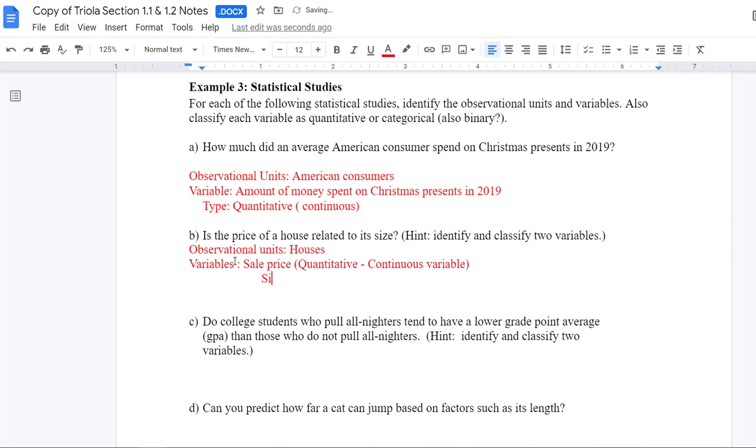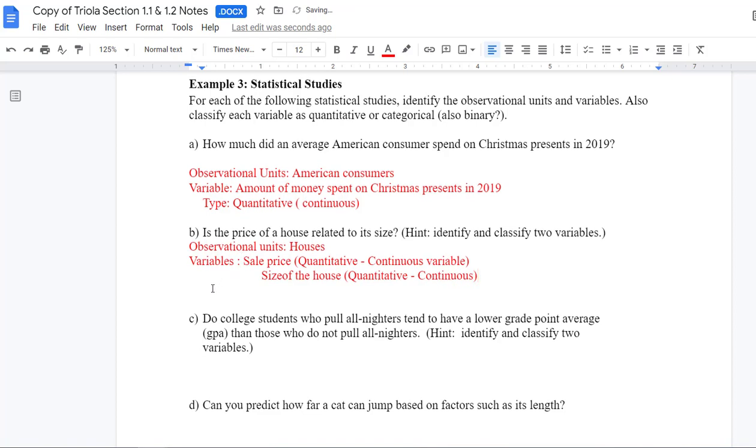The other variable will be size of the house. And is this quantitative or categorical? The size of the house usually is measured in square feet, so this is also going to be quantitative and continuous or discrete. It's going to be continuous also. So hopefully this is making sense.